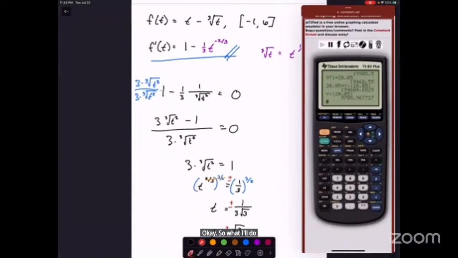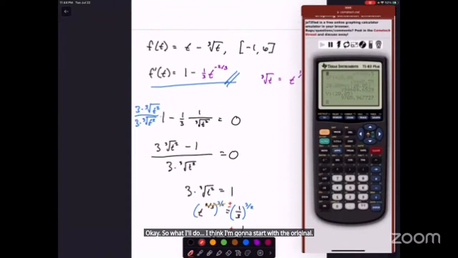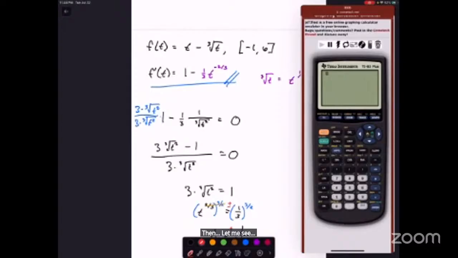So what I'll do, I think I'm going to start with the original. Go to my y equals, and I'm going to do x minus x to the power of 1/3. Then I want to evaluate the derivative.